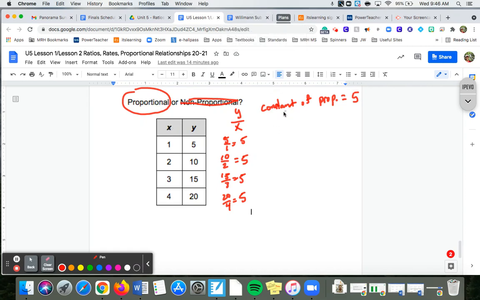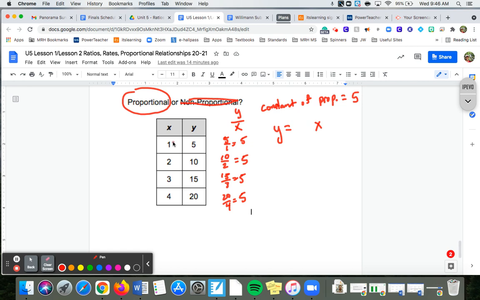Other things you'll have to do with this is write an equation, or write a rule, which is just saying, like I just said, what am I doing to x to get y? This is how we would write our equation. Am I adding something to x? Am I multiplying x by something? Am I dividing x by something? Am I subtracting something from x to get y?